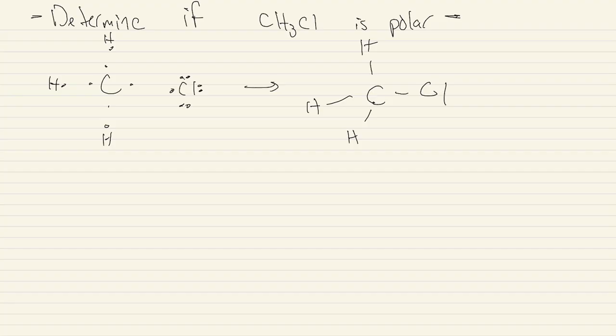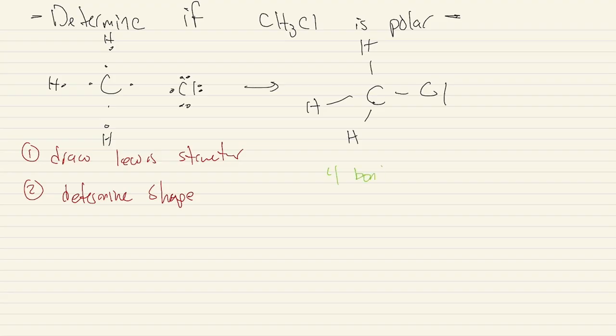So first step is to draw the Lewis structure. Second step is going to be to determine the shape, right? And so how many bonding pairs and how many lone pairs do we have? 4 bonding pairs.